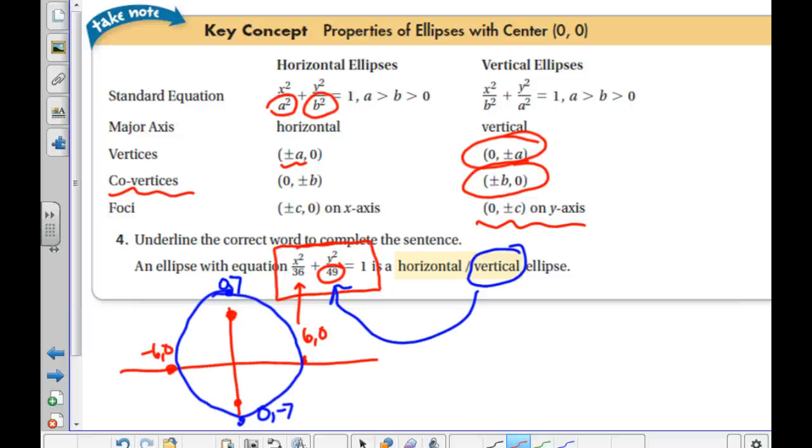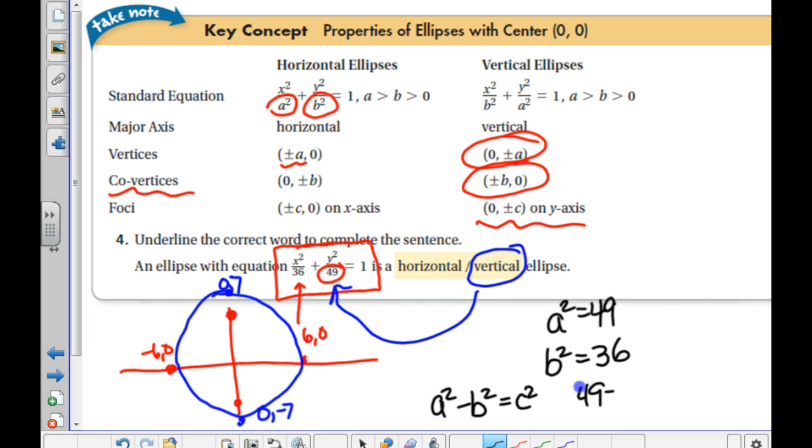All right, wait, we didn't finish. Let's find the foci on this one then. It didn't ask us to, but we're going to. What's the bigger one here? 49. So a squared is 49. It's already squared. B squared is 36. So a squared minus b squared would be what? 49 minus 36.